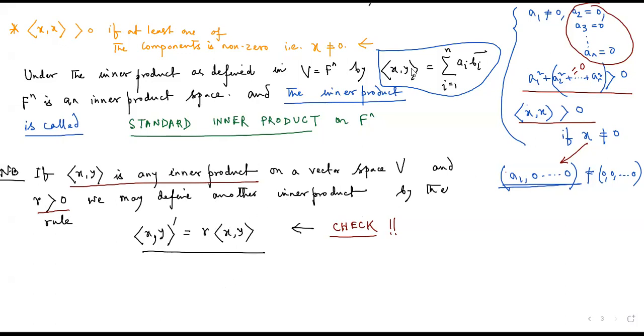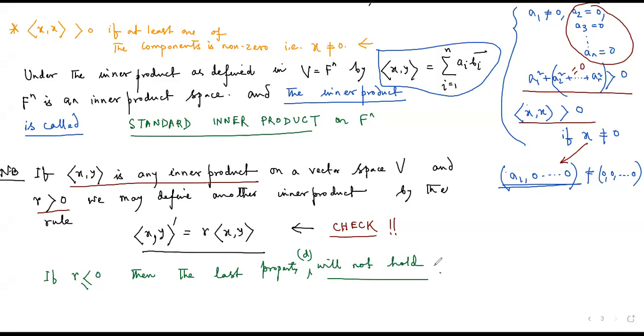It is also written over here that if r is less than 0 or less than or equal to 0, then the last property, property D, will not hold.